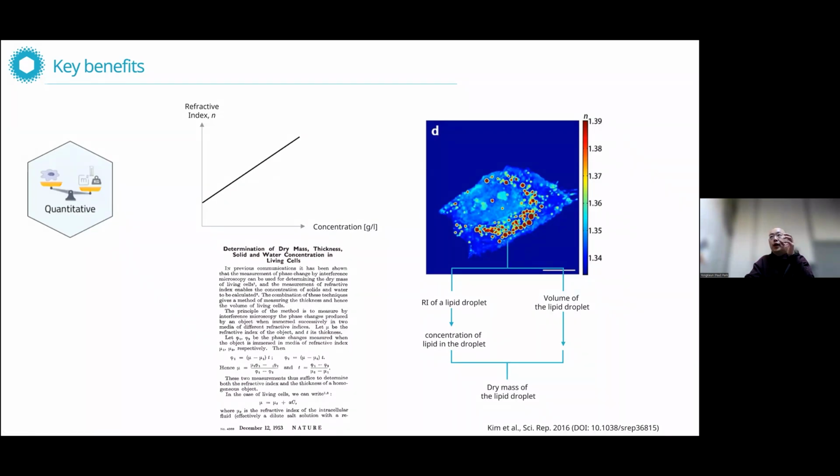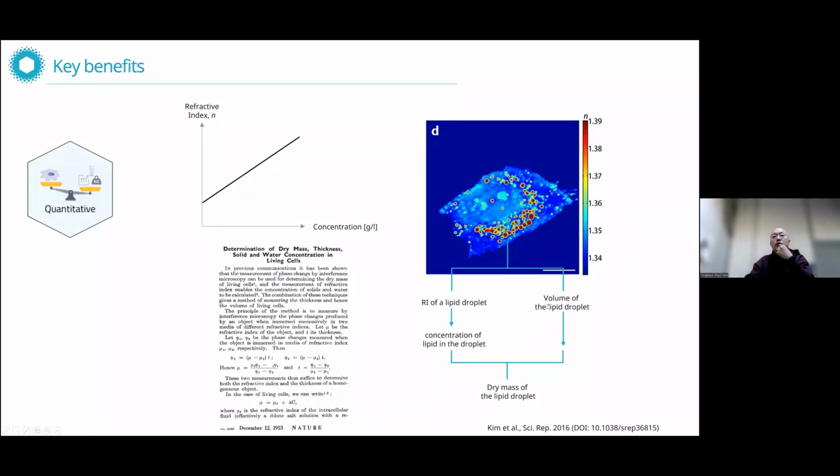And also we have volumetric imaging capability. So you have the volume information of the individual lipid droplet in femtoliter units. So you have two quantities, right? Concentration in gram per liter units and volume in liter units.